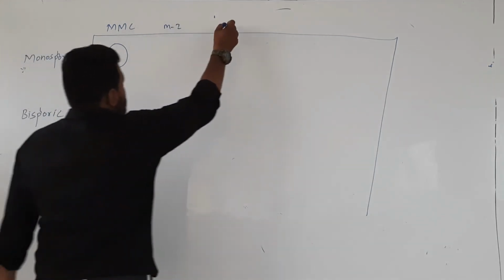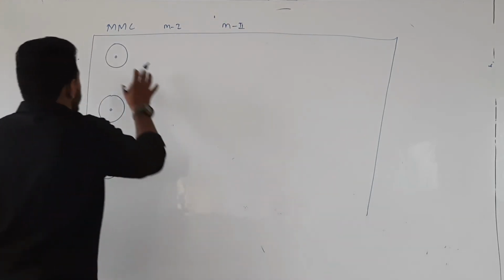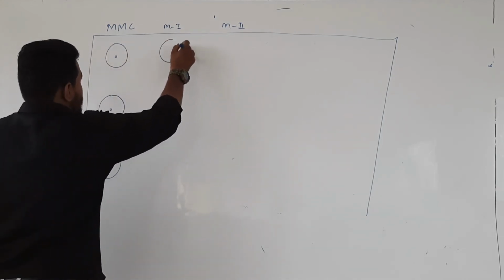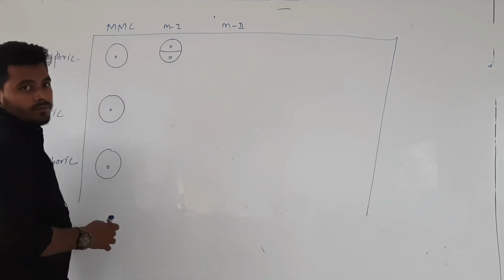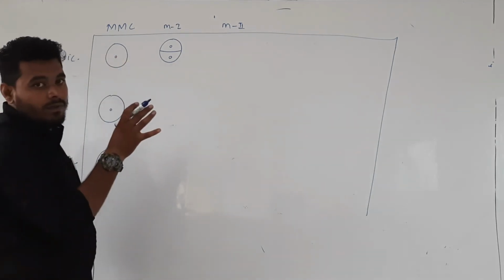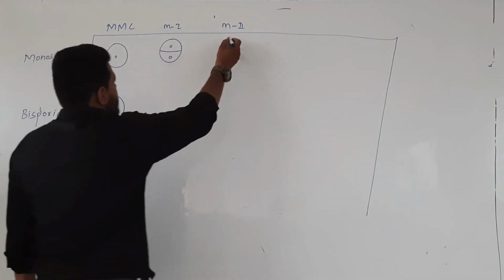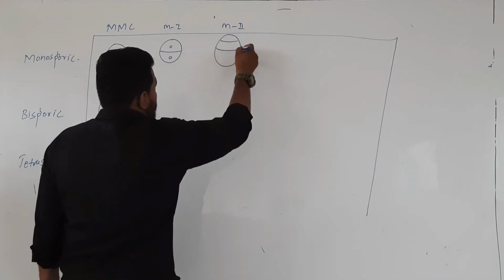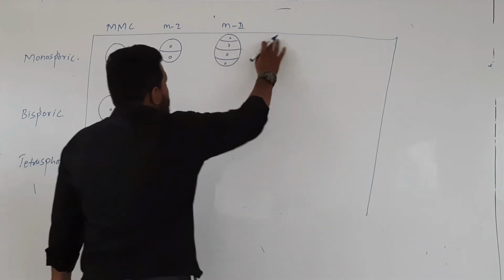First meiosis, meiosis 2. In the first meiosis, in monosporic, what happens? It will divide into 2 cells. Okay, this is the megaspore mother cell, the sporogenous cell. First meiotic division gives 2 cells. Second meiotic division gives 1, 2, 3 and 4 cells.